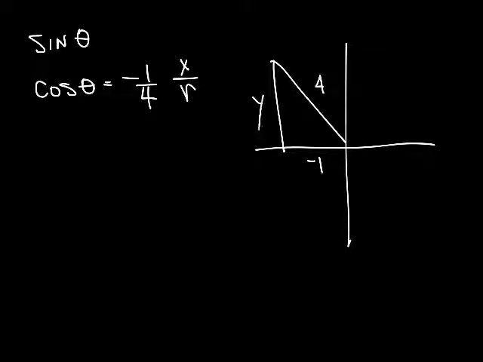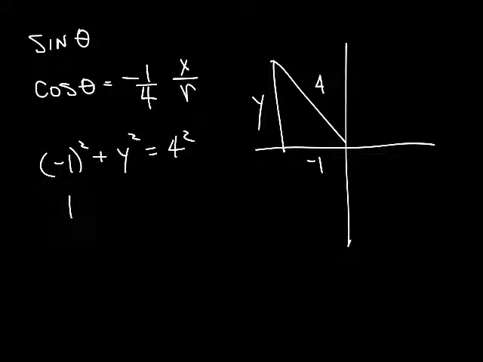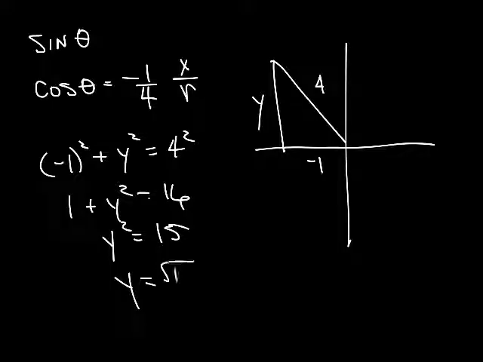So we need to find our y value here. So negative 1 squared plus y squared equals 4 squared. So 1 plus y squared equals 16. Y squared equals 15. Y equals the square root of 15. So instead of a y there, we're going to put the square root of 15.